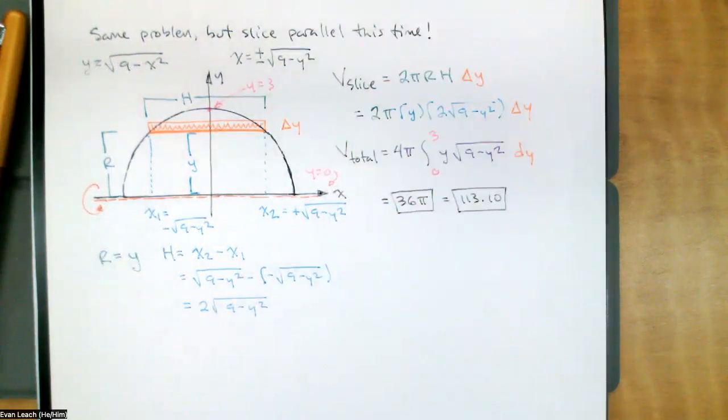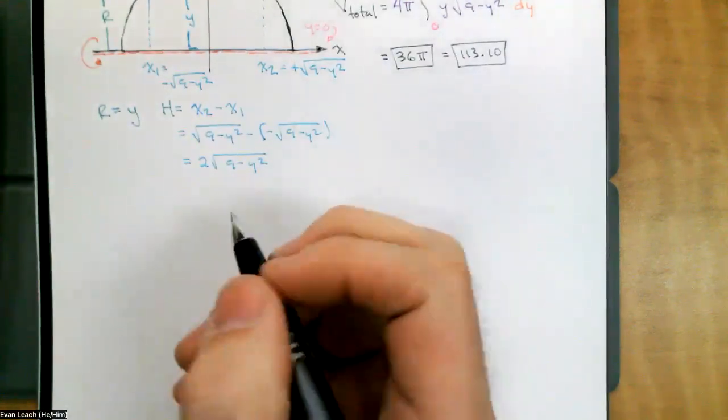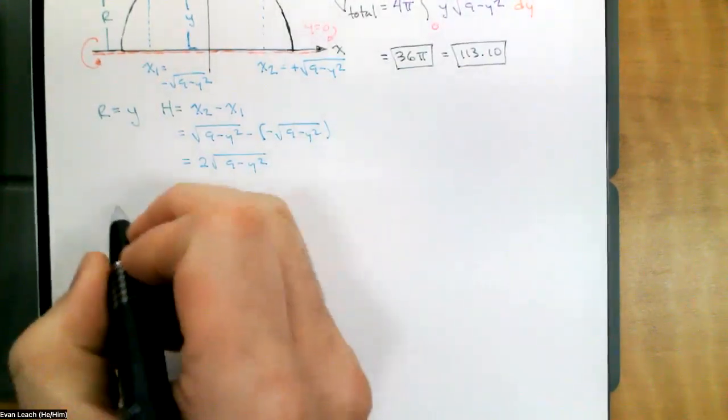This is the main event. Any questions? So I like to categorize our solids of revolution as slice perpendicular or slice parallel.